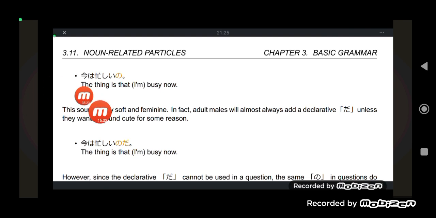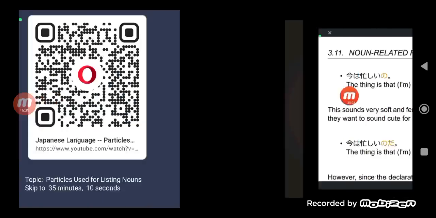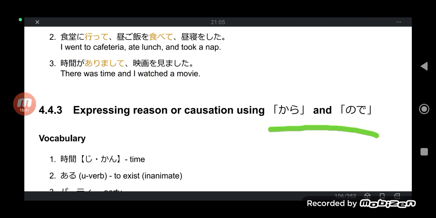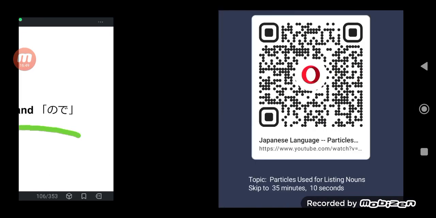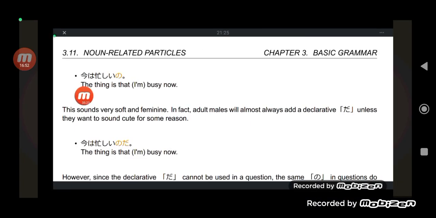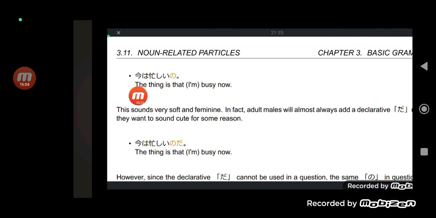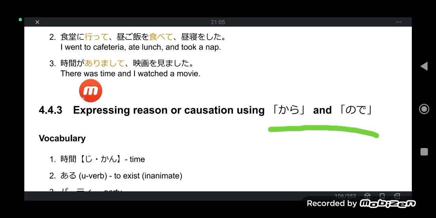So actually, minasan, I have discussed this essential skill today because in our next lesson, especially the node, I want you to remember the basics, because the lesson today you will need it to understand this topic, node.